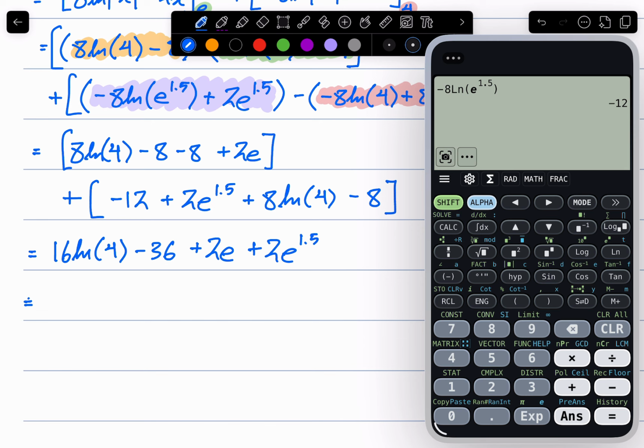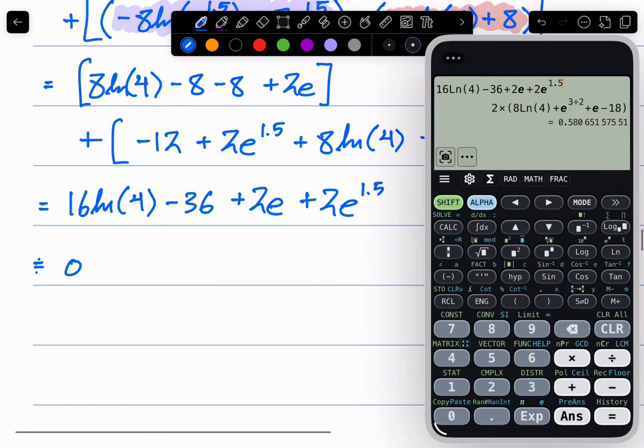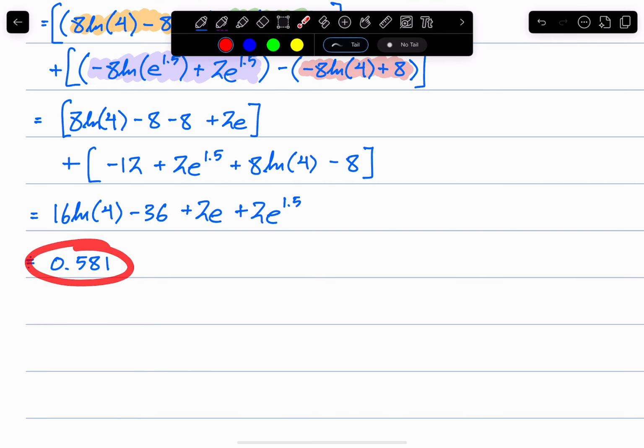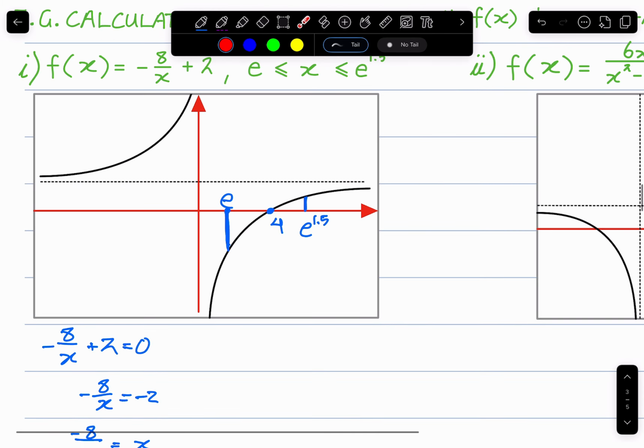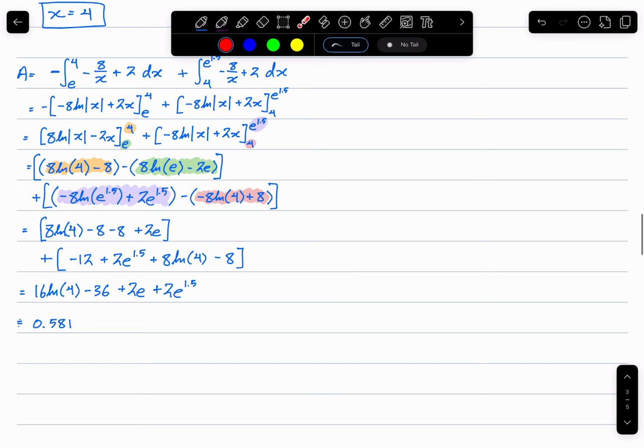The approximate area of all of this is 16 ln 4 minus 36 plus 2e plus 2e to the power of 1.5. All in all, this gives us a positive area of 0.58065. Let's just say 0.581, which is good to know because this is a positive area. So the area of this plus this is about 0.581.